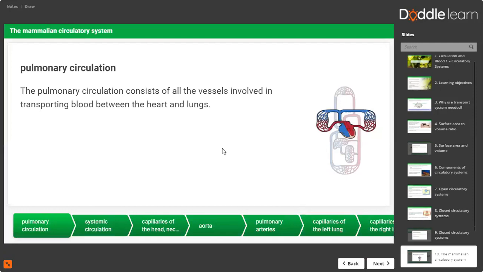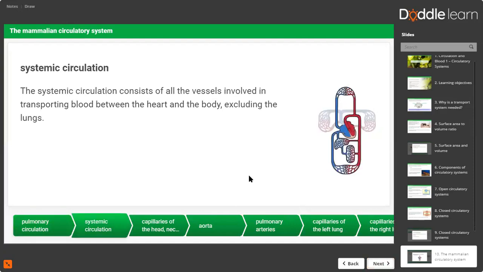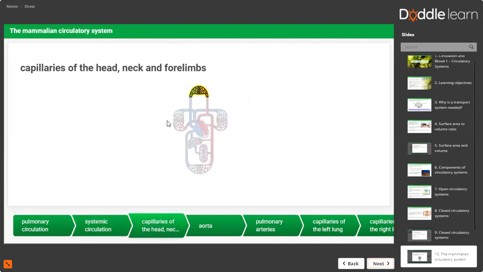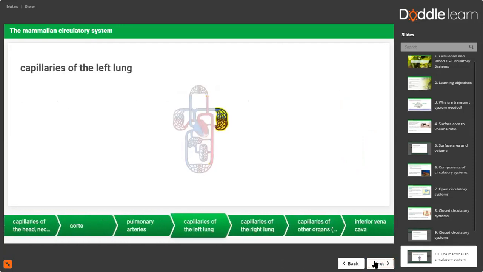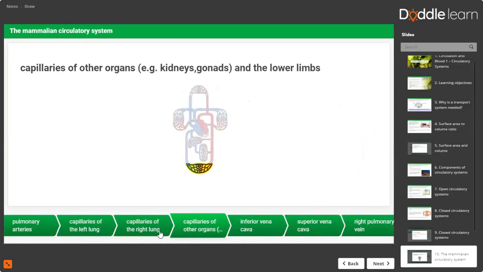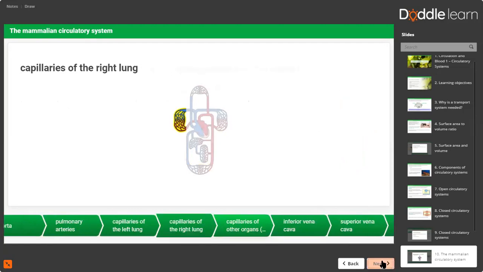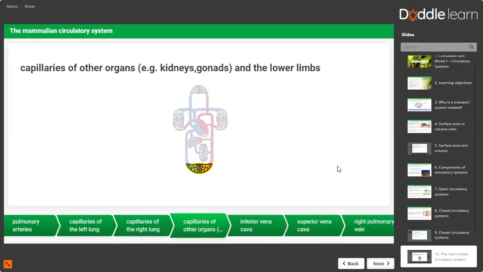Pulmonary circulation consists of all the vessels involved in transporting blood between the heart and the lungs. We then have systemic circulation, which consists of all the vessels involved in transporting blood between the heart and the body, but excludes the lungs. Capillaries of the head, neck, and forelimbs are up here. We have the aorta, pulmonary arteries, capillaries of the left lung, capillaries of the right lung, capillaries of other organs such as kidneys and gonads and lower limbs.